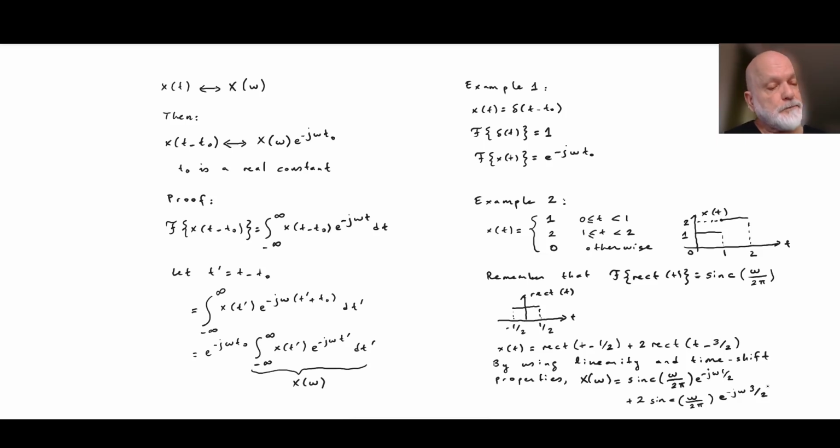In fact, one can just invent several such signals, which are superpositions of shifted versions of the rect signal, and even in a case containing many such shifted versions of rect t, we will be able to calculate the Fourier transform rather easily by using linearity and the time shift property. Okay, thanks for watching.